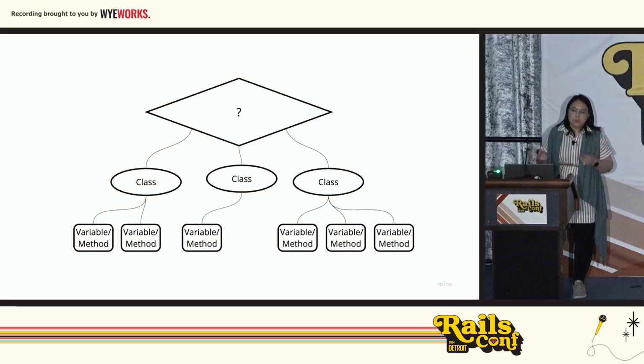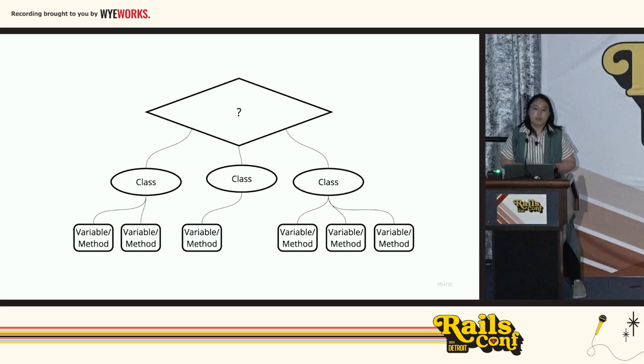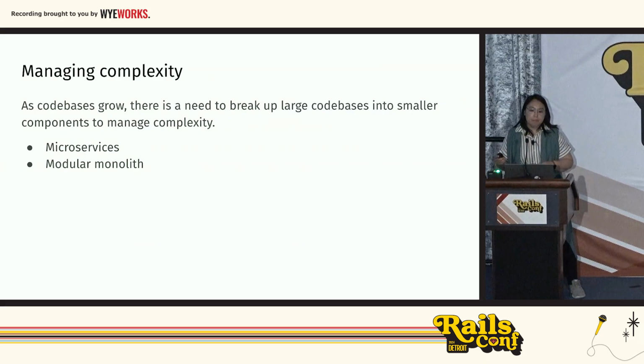So we've talked about some strategies for organizing our sign systems using classes. However, as code bases grow bigger, are classes enough? Do we want to apply any of our other semantic learnings higher up? As code bases grow, there's a need to break them up into smaller components to manage complexity. We've seen this over the last decade with microservices containing business logic in smaller repos, so individual teams can own them.